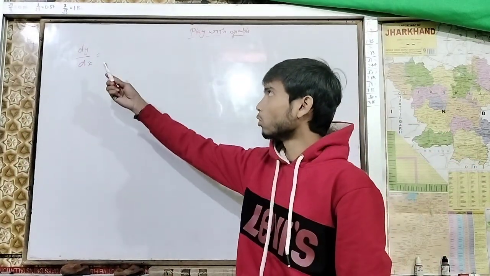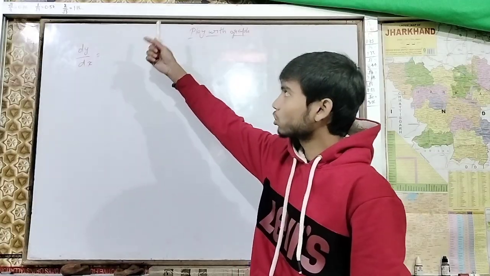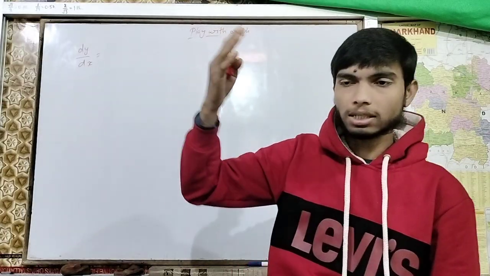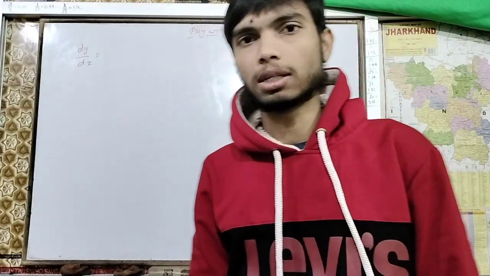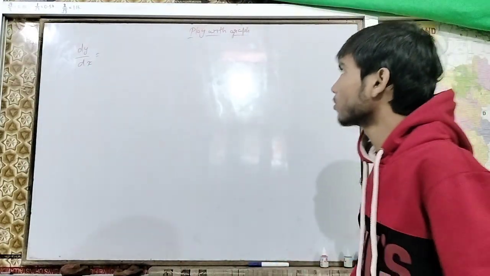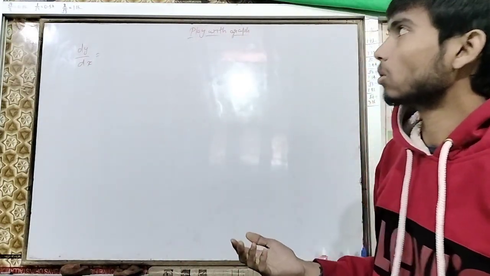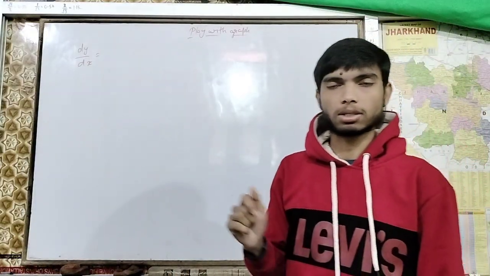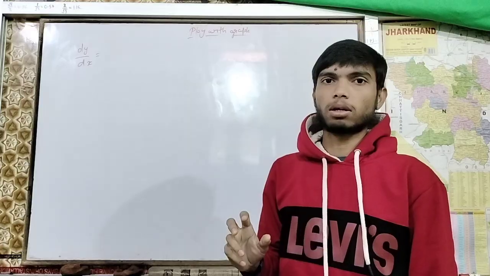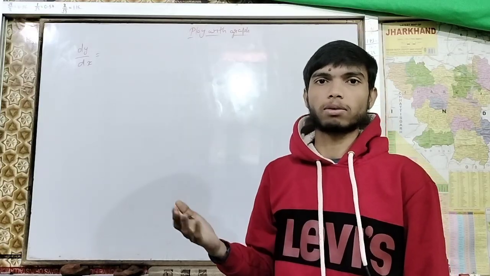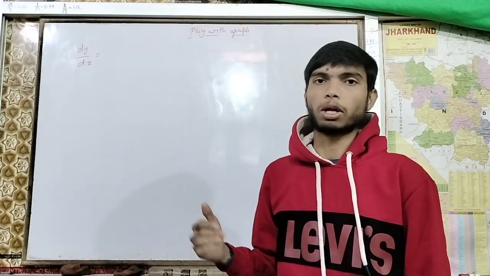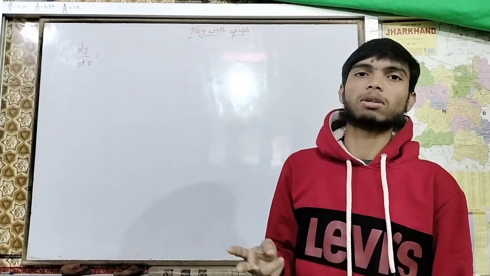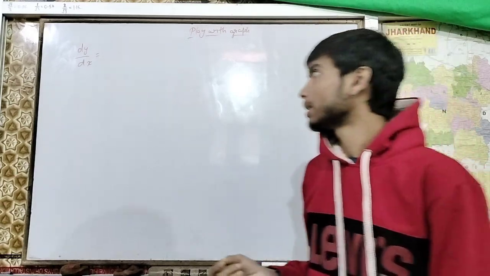Whatever the value of y, it will change with respect to x. If y is increasing, x will also increase. For example, the value of y is 4 and the value of x is 2. Next time the value of y will become 8 and the value of x will become 4. So both variables will go together.